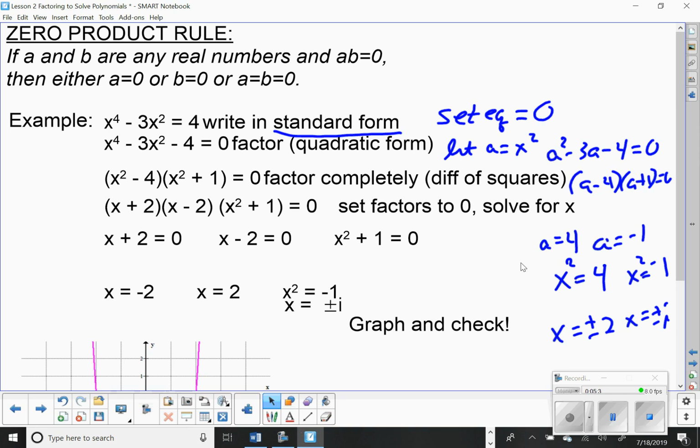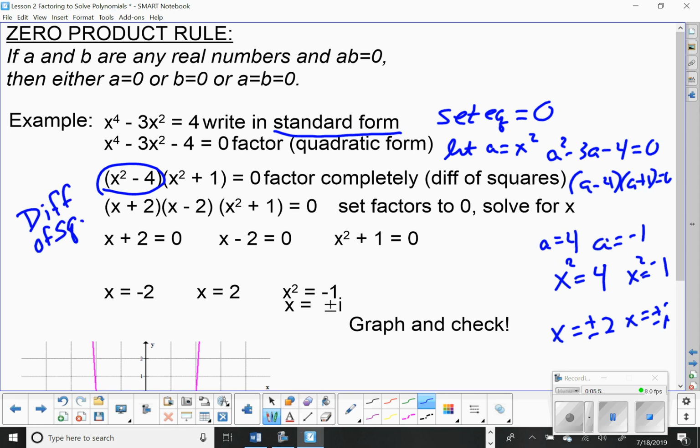Otherwise, hopefully you've gotten to the point where with this type, you are very comfortable just doing x squared minus 4, x squared plus 1. This one, you can either set x squared equal to 4 and remember that it's plus or minus 2, or you can factor it into a difference of squares. So notice, this one you could have factored multiple times, or you could have recognized, or you could have just used square roots.